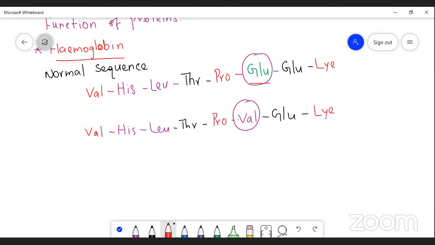Now, what will happen here? There is a small change. What is it?